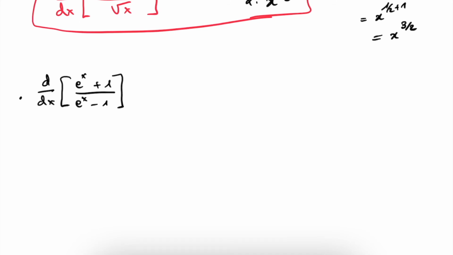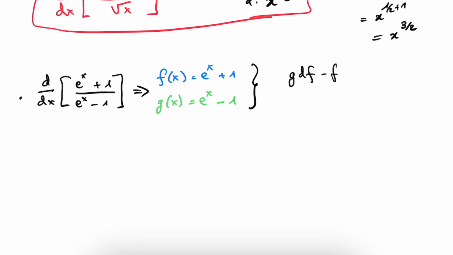Again, the first step is to identify our functions. So f of x is equal to e to the power of x plus 1, which is the function in the enumerator, and g of x, which is e to the power of x minus 1. And for one last time, we can write our general formula, which is g df minus f dg divided by g squared.